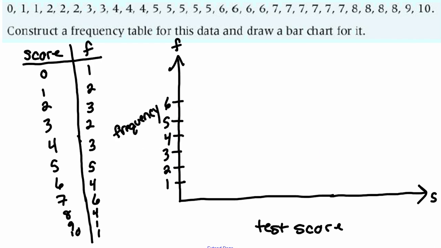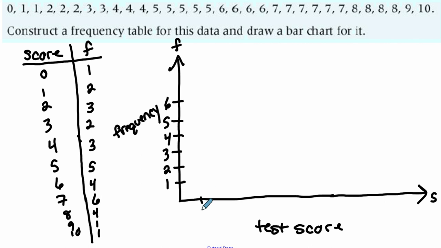Then horizontally, we're going to be putting our scores. When we have a frequency table, our x-axis doesn't have to be numbers. It could be color, like red is the first tick mark and blue is the second tick mark, and so on. It just depends on what it is. When it's numerical, it does go in order.